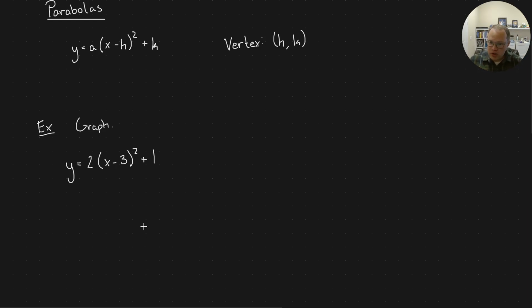So we're going to graph this just like we have done with other parabolas, but the minus 3 and the plus 1 are going to shift the parabola 3 units right, 1 unit up. So the new vertex is at (3, 1). So instead of being at (0, 0), it shifts 3 units right, 1 unit up. And so the new vertex is right here at (3, 1).